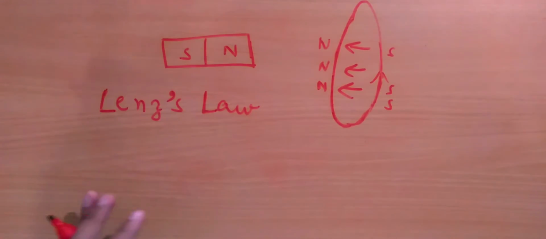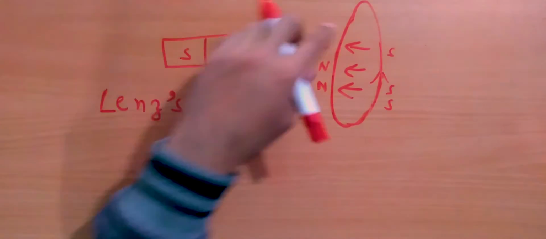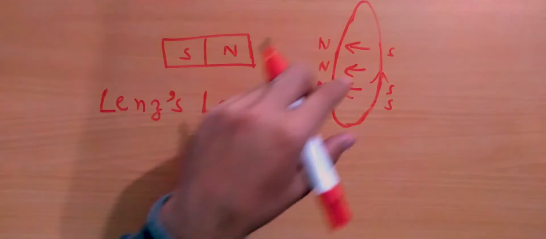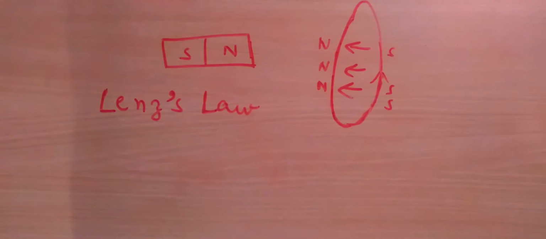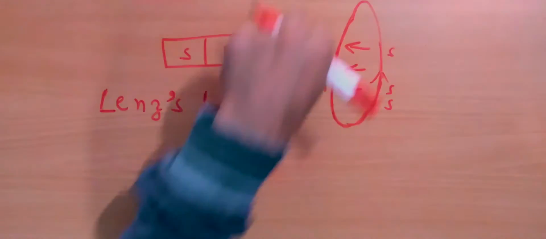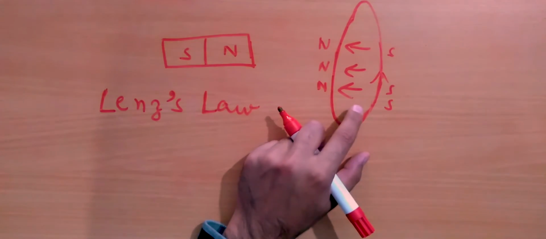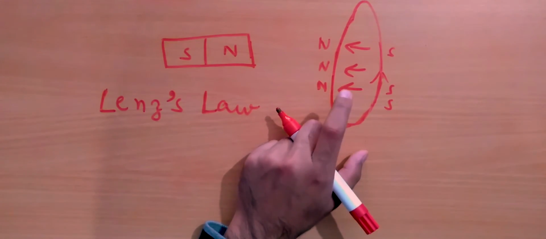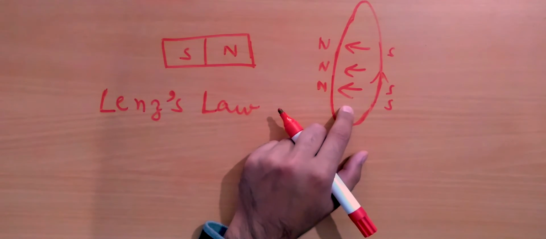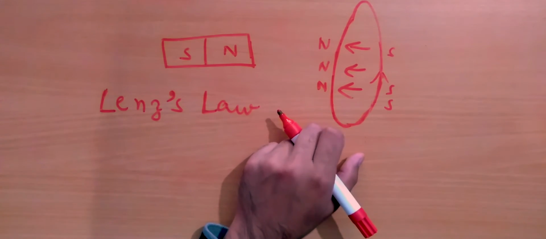His law simply states that in such a case, when we have a changing magnetic flux through a coil, be it increasing magnetic flux or decreasing magnetic flux through a coil, the current in the loop would be generated in such a direction so as to produce a magnetic field that opposes the change in magnetic flux through the coil.